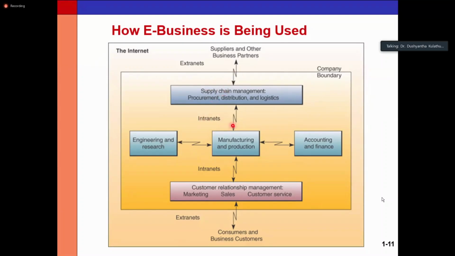Those processes will be connected utilizing the intranet of the organization. Then we can have extranets connecting the internal systems of the organization with external parties like suppliers, customers, and other business partners. The internet will also be used in connecting these systems together.